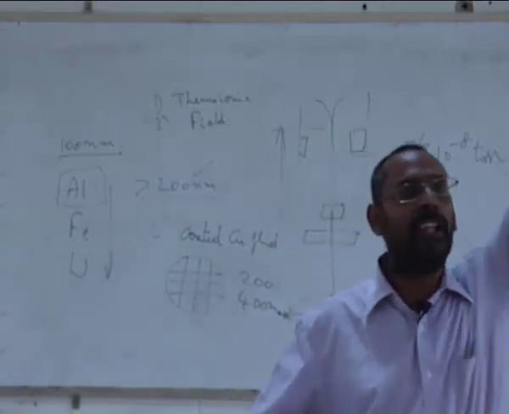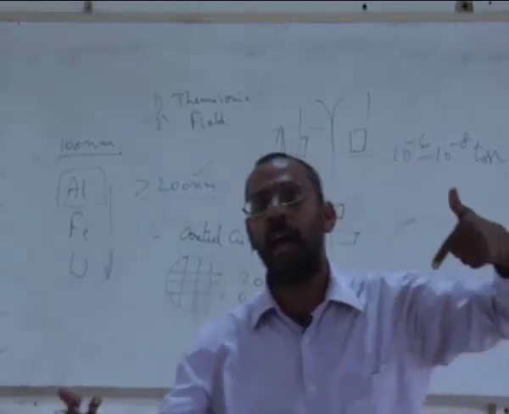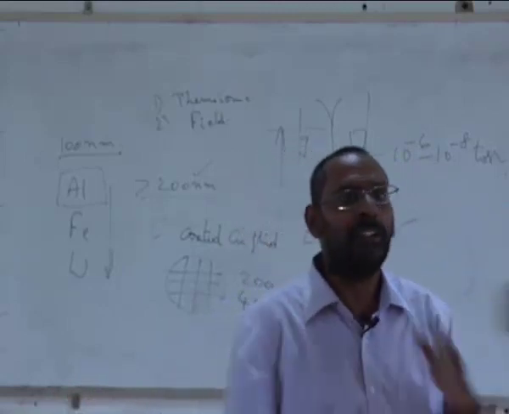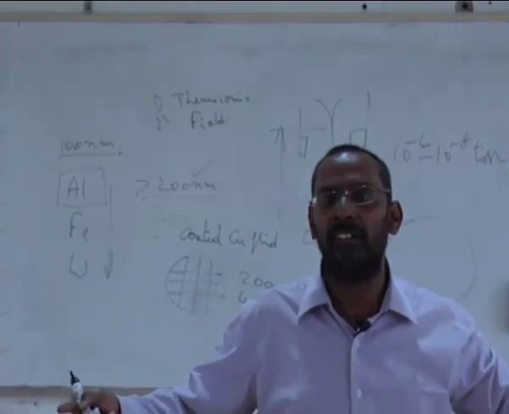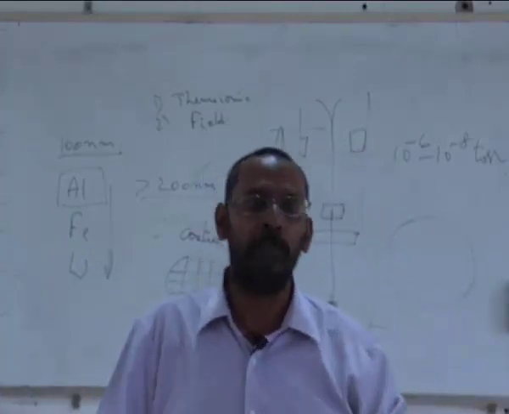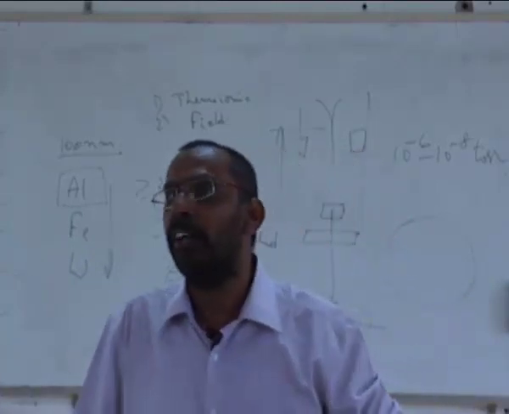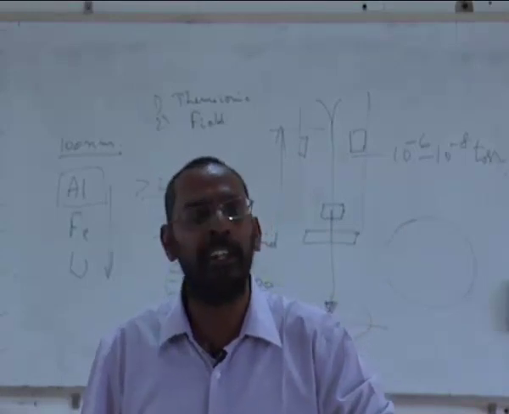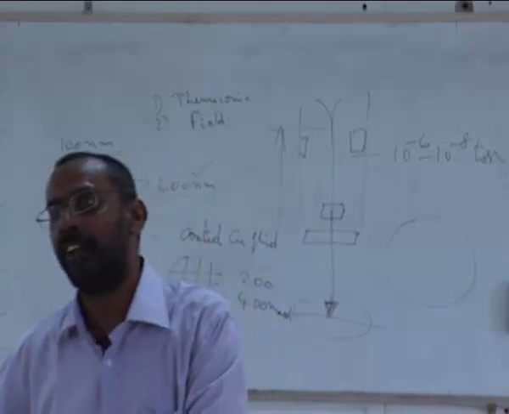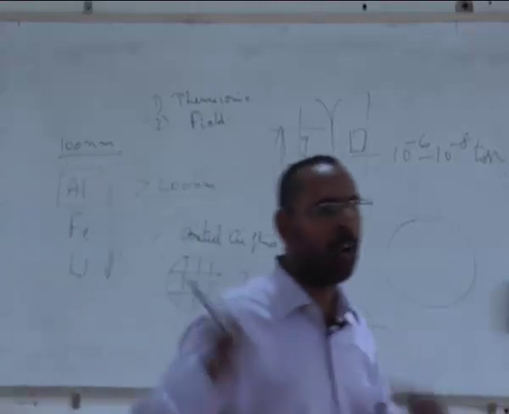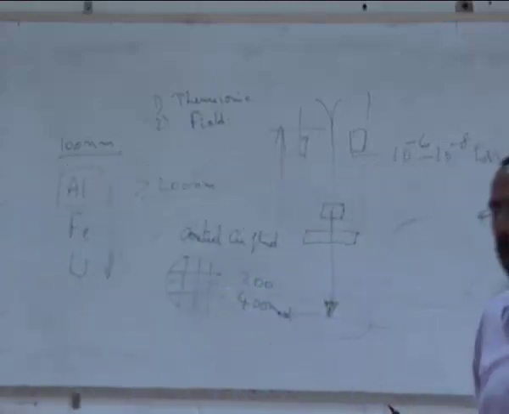If you have a beam falling on a sample with a wavelength which is of the order of the atomic sizes or less than the interatomic sizes, then you can have diffraction taking place, right? And the Bragg's law that we talk about, lambda equal to 2d sine theta, can also be used whether it is X-ray diffraction or electron diffraction. We will try to see as we go along what the differences between these two are.